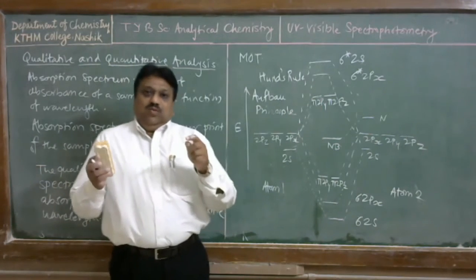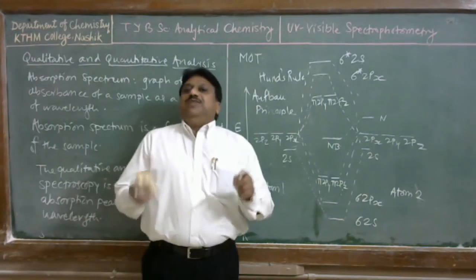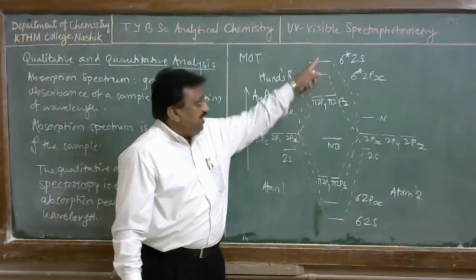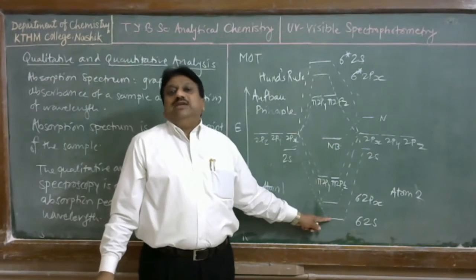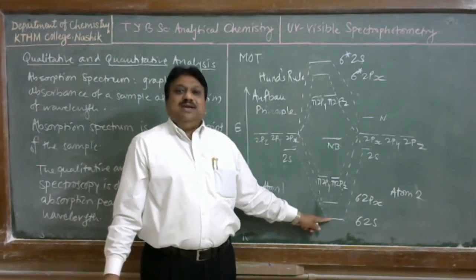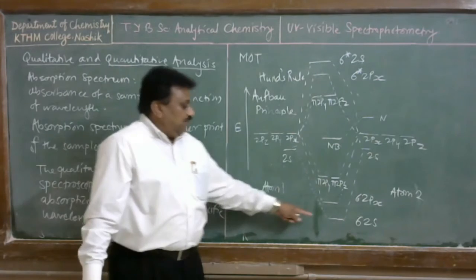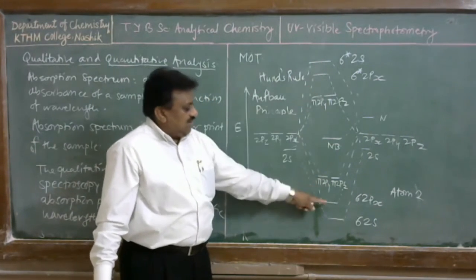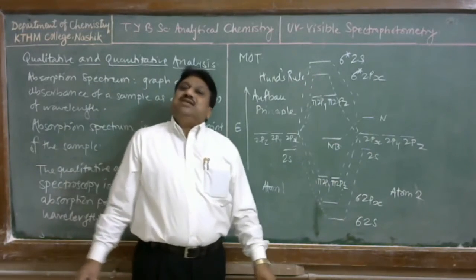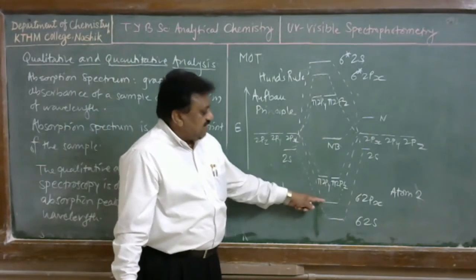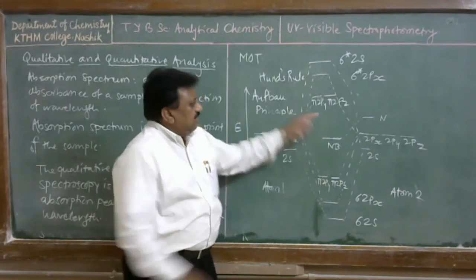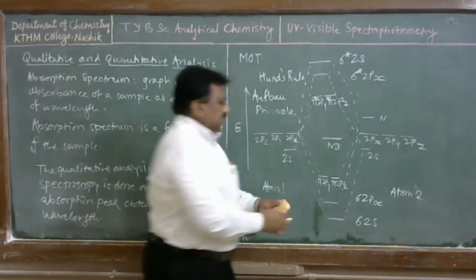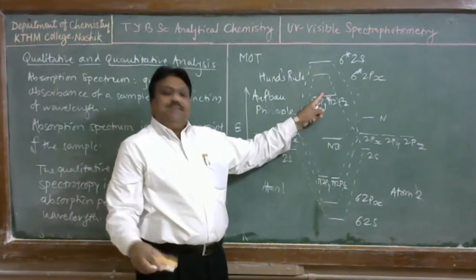Therefore, the energy absorbed from the electromagnetic radiation totally depends upon the energy gap between the bonding and anti-bonding molecular orbitals. On this basis, the electronic transition sigma to sigma star requires the highest energy. Sigma to pi star requires a little bit lower energy.